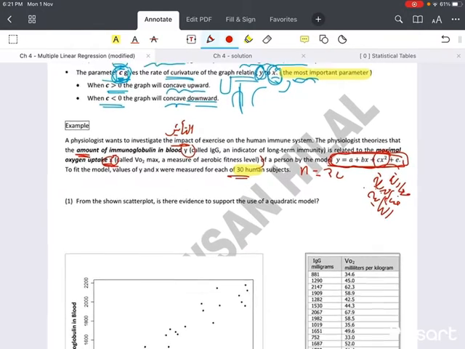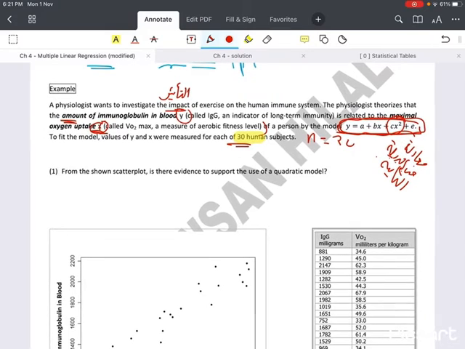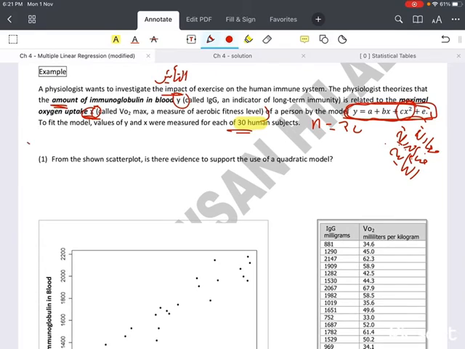If you go and read the first line here, the first requirement, question number 1. From the shown scatter plot, is there evidence to support the use of a quadratic model?